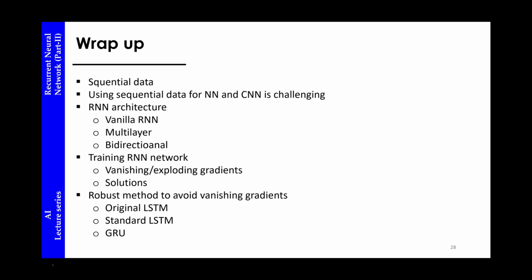That led us to think about an architecture that can handle sequential data. This architecture is the recurrent neural network. First, we introduced the vanilla recurrent neural network in the first video.